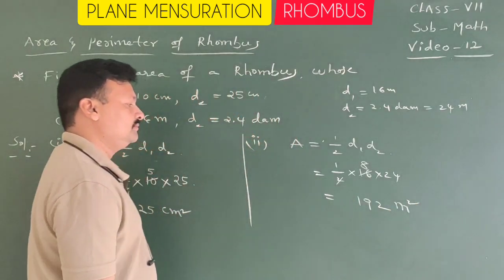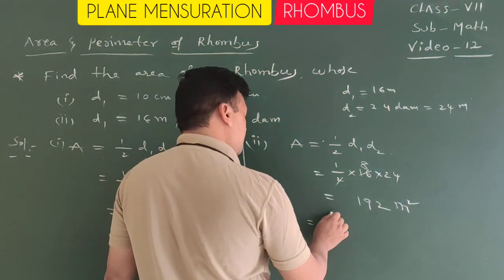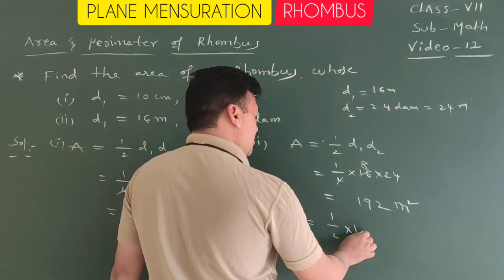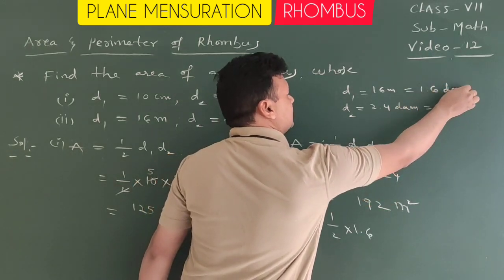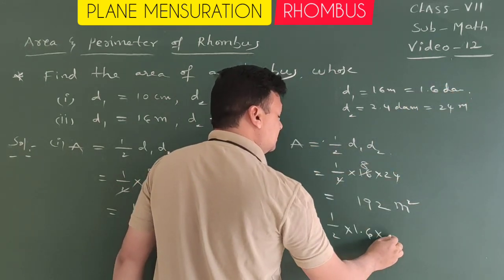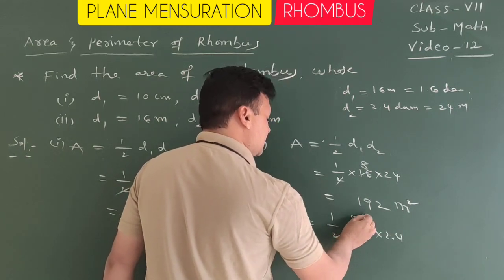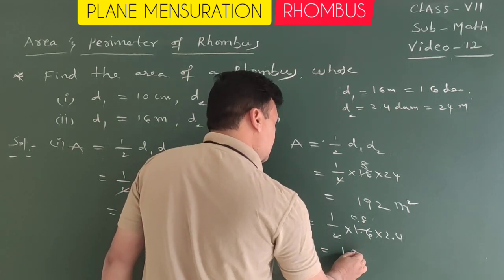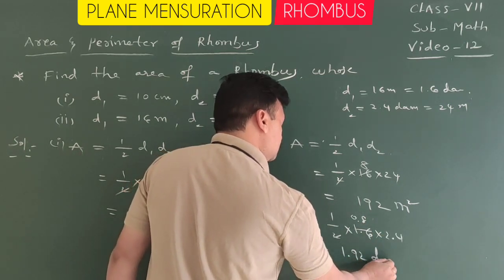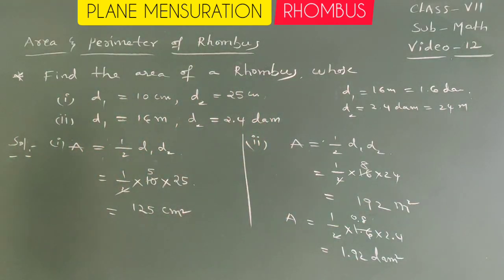In terms of decameters, half into 1.6 decameter into 2.4. Here 0.8 times 2.4 is 1.92 decameter square.